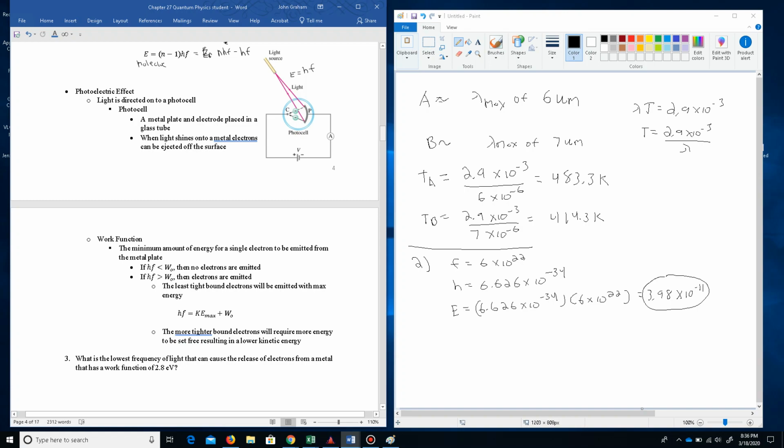And if it's greater than that, the electron will use this energy to be emitted, and then the electron will contain this energy.